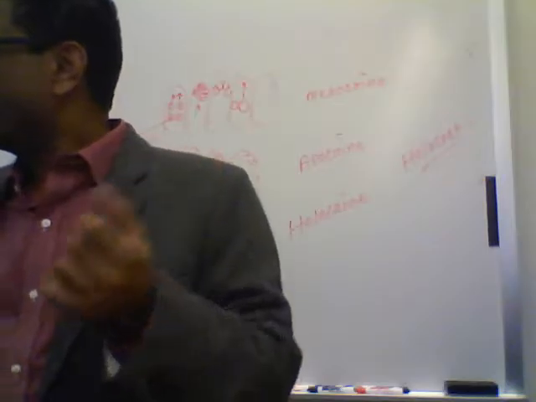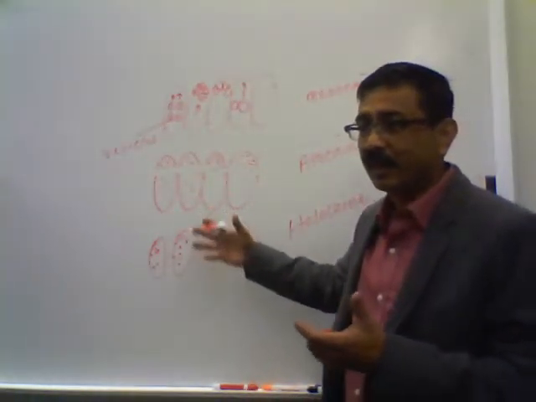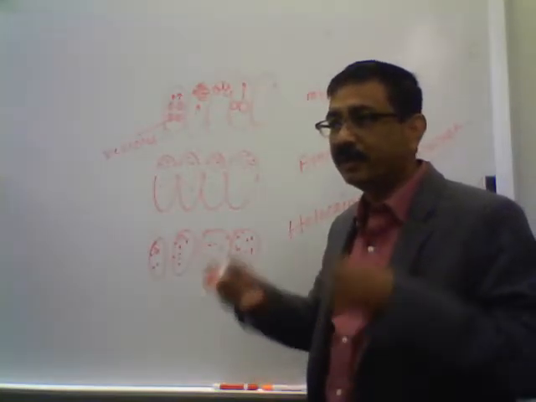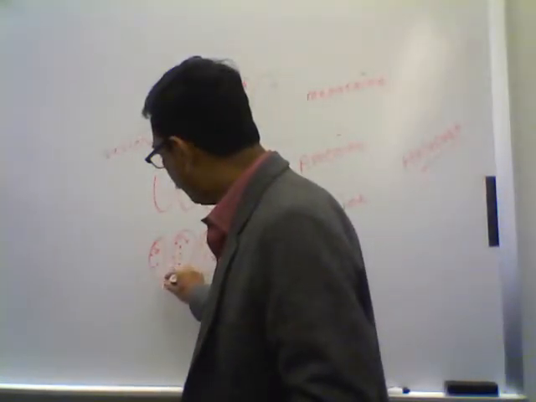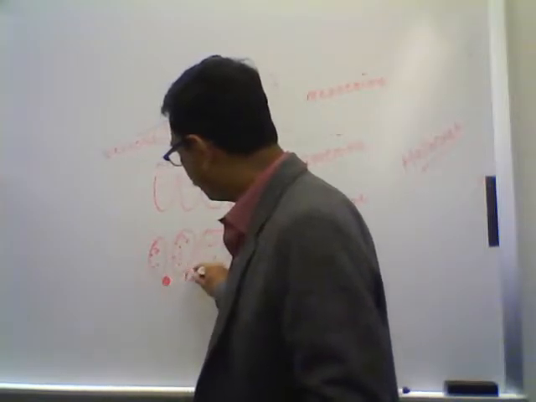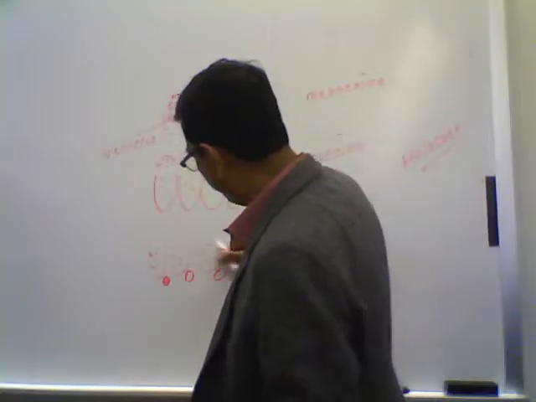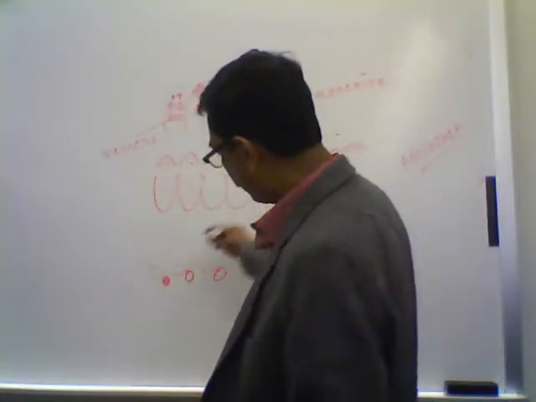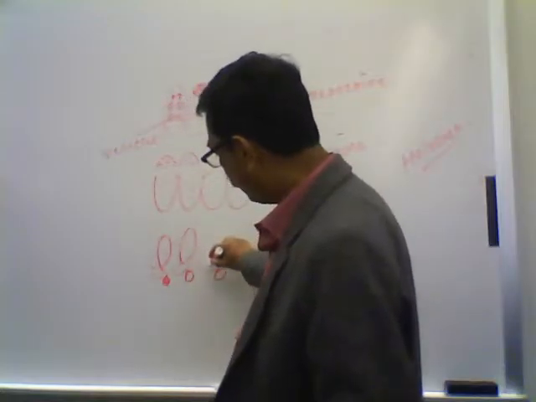Now, how do we get the new cells? Because the gland must get new cells to release the chemicals again. We have stem cells here. So when all these cells are completely destroyed and chemicals get out, new cells are produced from the stem cells.